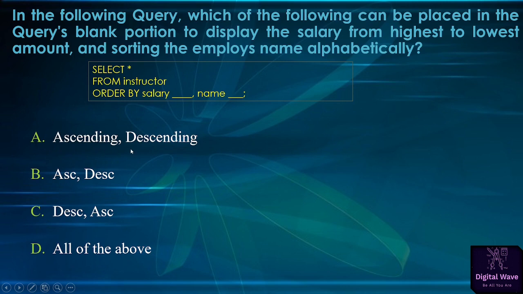So, first option is ascending and descending, second option is ASC and DESC, third option is DESC and ASC, and fourth option is all of the above. So, the right answer will be C, because to sort the salary from highest to lowest amount and display the employee name alphabetically, one can use DESC and ASC in the above given query.